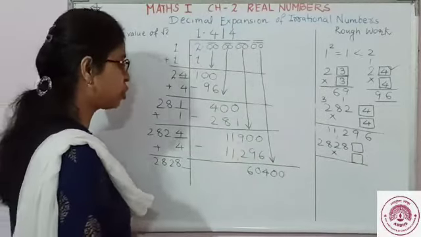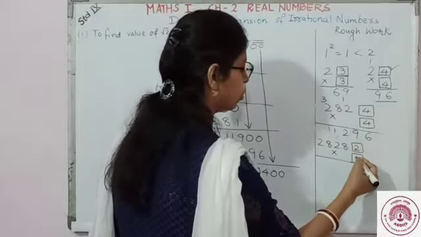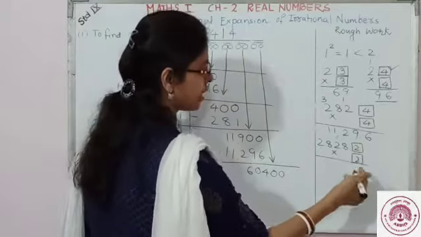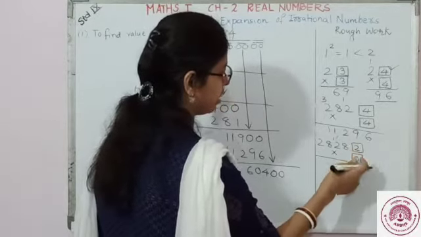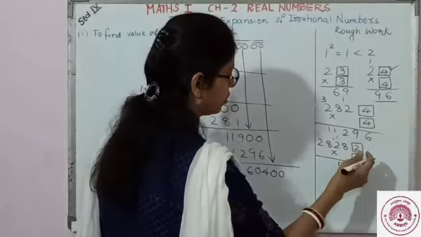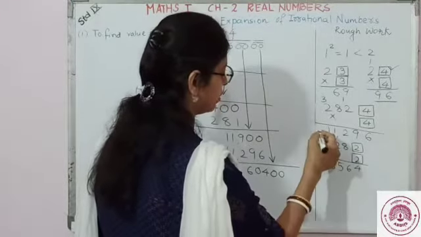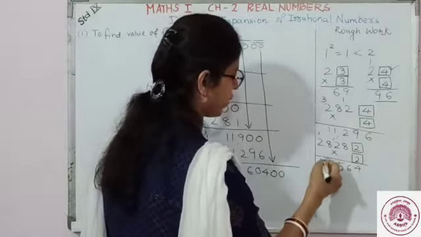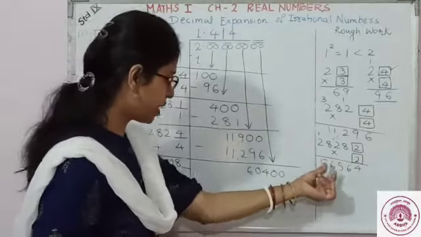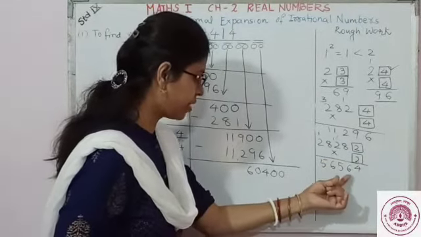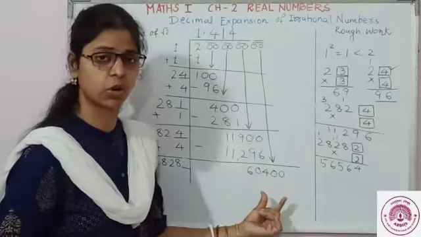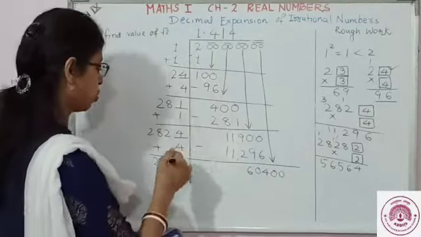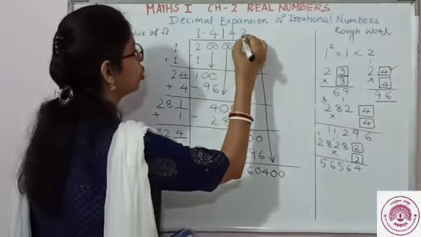So let's try with 2. 2 2s is 4. 8 2s are 16. 2 2s are 4, 1, 5. Now check this number. This one is 56,564 and this is 60,400. Very close. So we can take this value. So that means the next digit is 2.